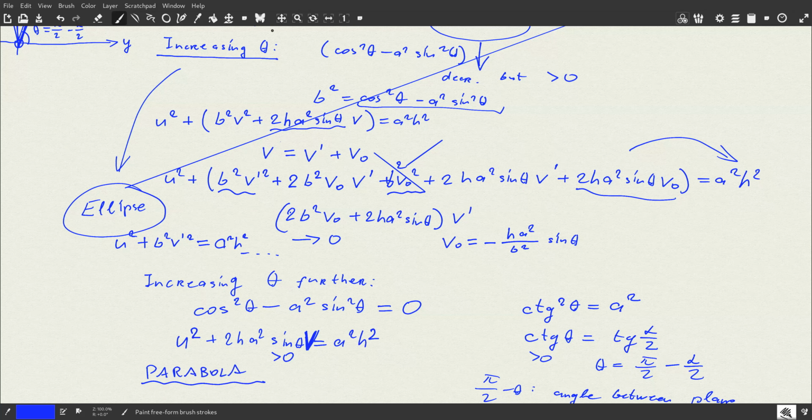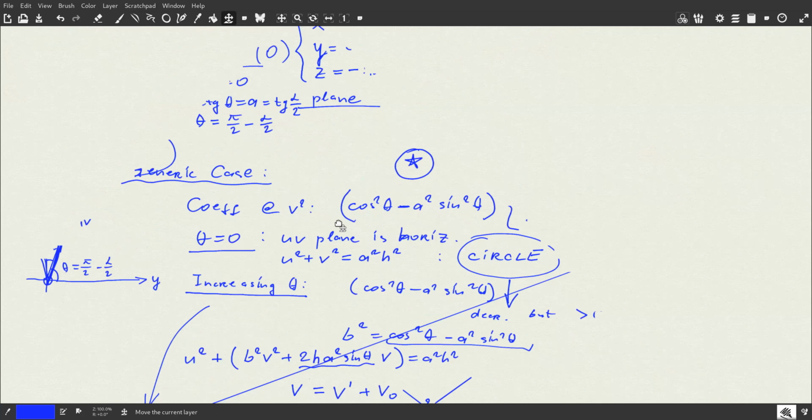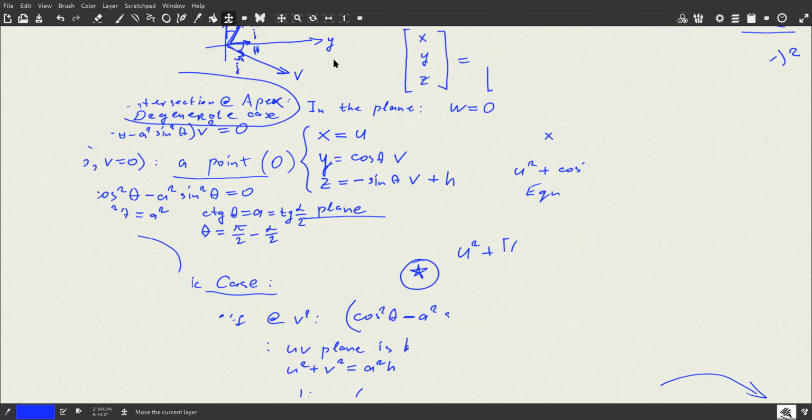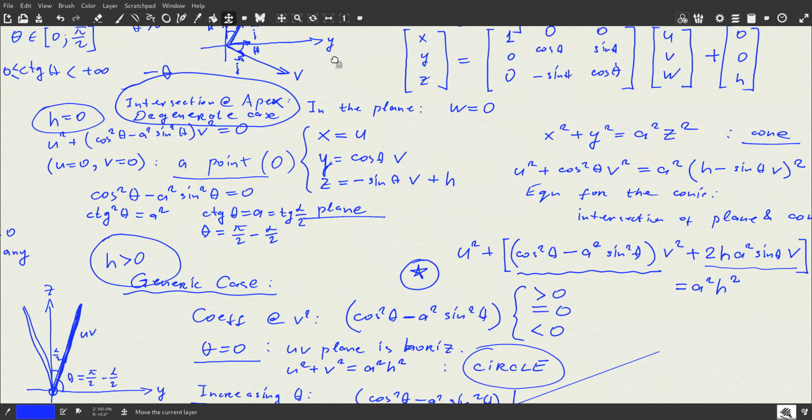Let us number the cases, because there are so many cases already. The very degenerate case is h equal to 0, which is case 1.